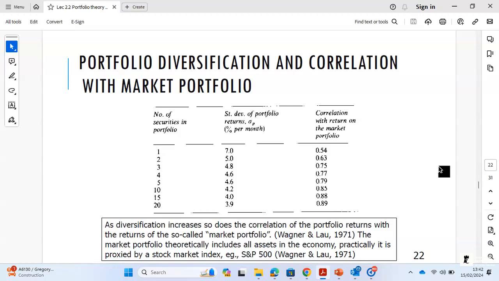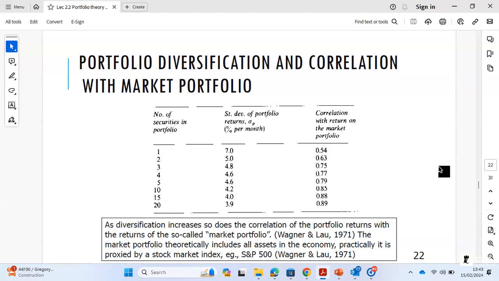No, but risk is something else, and the risk-free rate is something else. The market portfolio would not represent the risk-free rate. As you add more securities to your portfolio, you're taking away the unique component of the risk, so you're getting closer to the optimal portfolio.